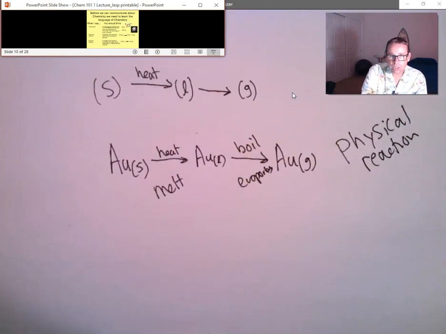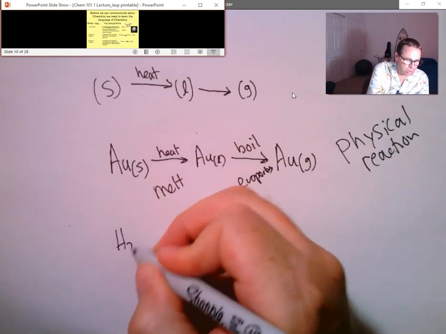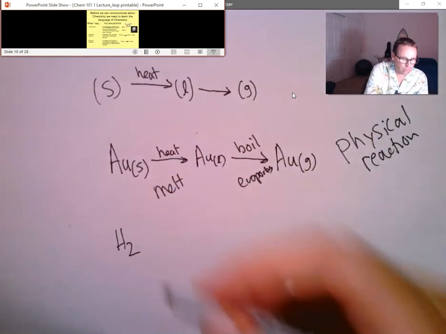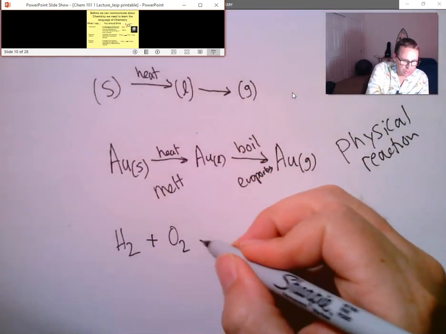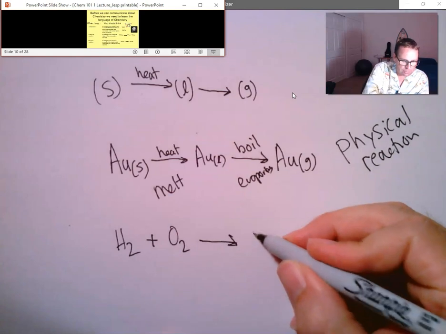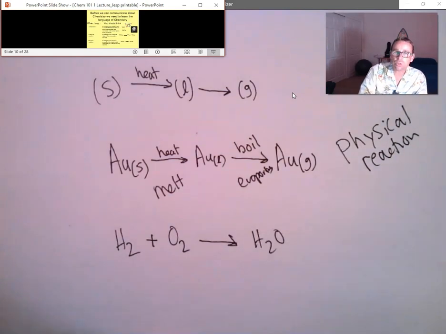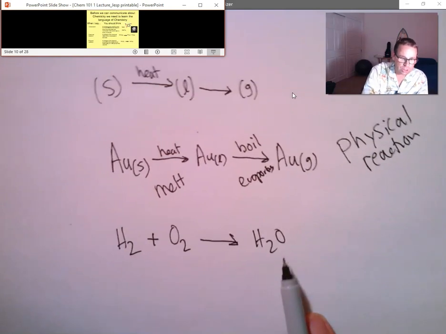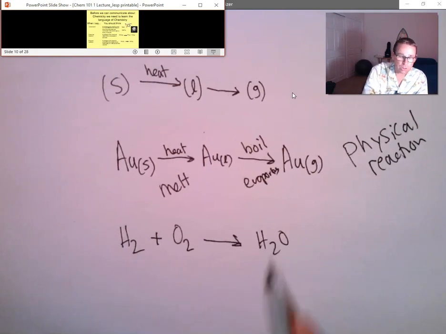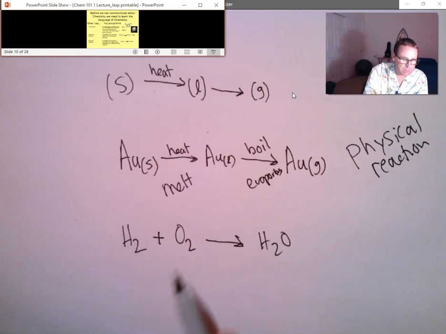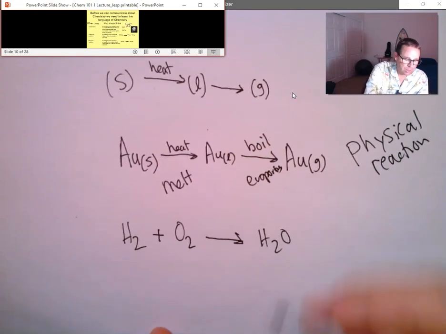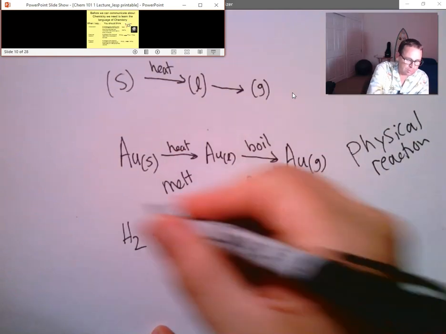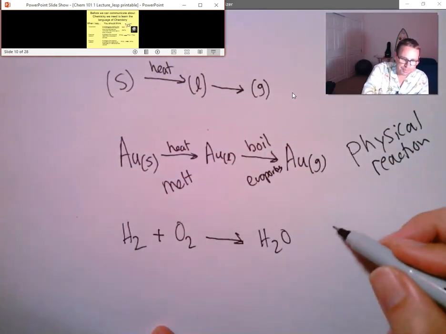A chemical reaction is one in which I have one kind of element, another kind of element, and I bring them together and I form a new compound. Now, the hydrogen and oxygen are interacting with each other, whereas before the hydrogens were by themselves and the oxygens were by themselves. Okay? So this is not a physical reaction, but what kind of a reaction is it?